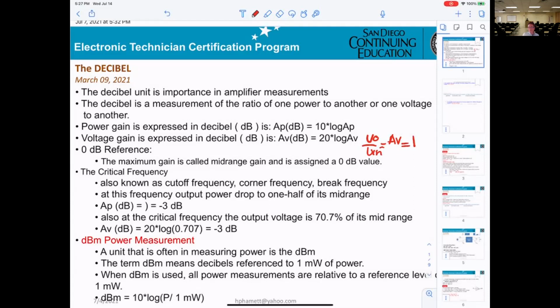what are they telling you? If V out divided by V in equals 1, that tells you V out equals V in, correct? Correct.